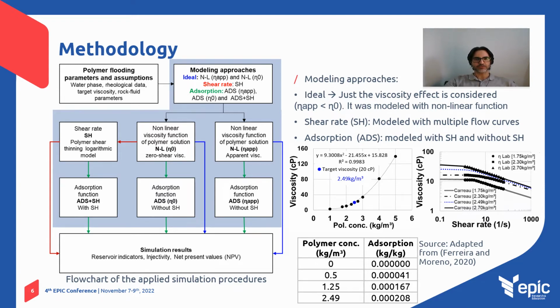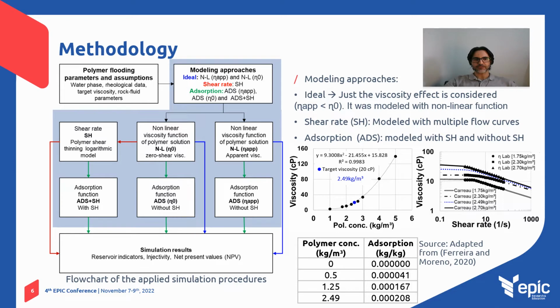The second one was the shear rate effect, which was modeled with a shear thinning logarithmic model. And the last one was the adsorption effect, which was modeled with or without the shear rate effect.